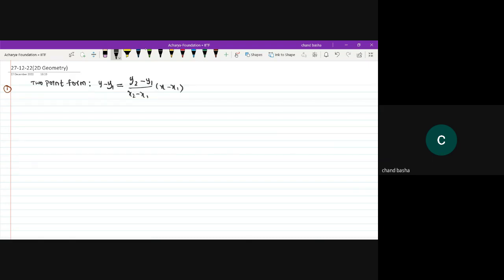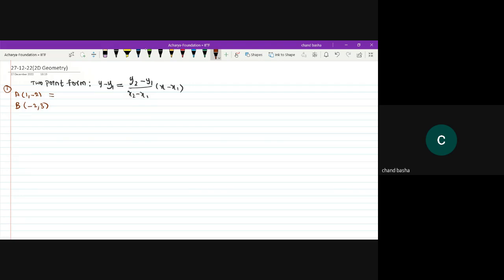This is the formula. And the first question is asking: find the equation of the straight line passing through A (1, minus 2) and B point (minus 2, 3). You can substitute those values here.